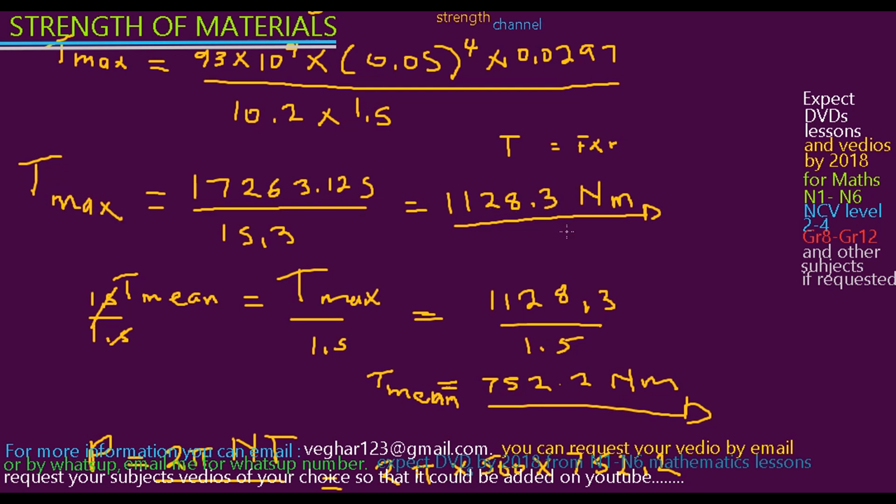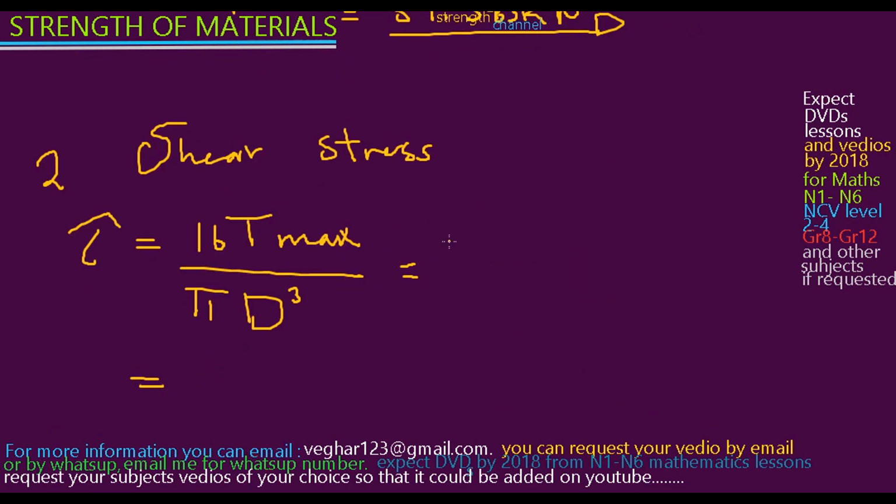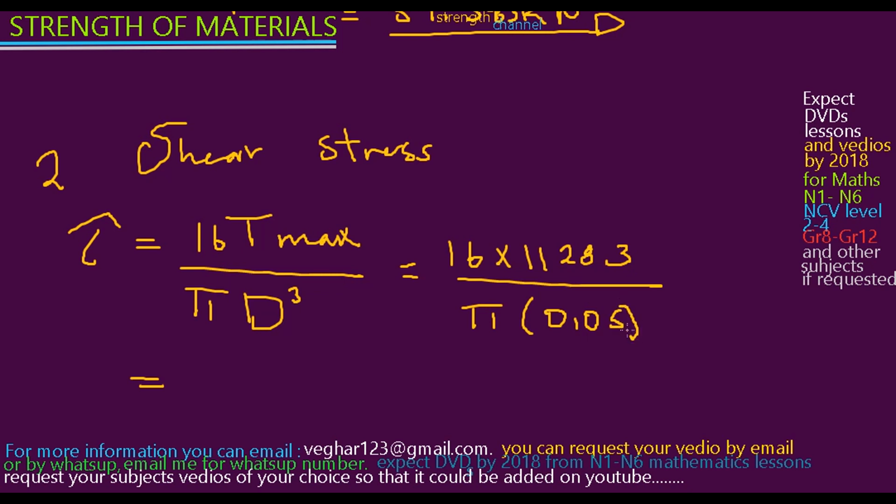We have 1128.3, so we'll have 16 times 1128.3, and then divided by pi, and then what is the diameter? It was 0.05. Yeah, it's like this.